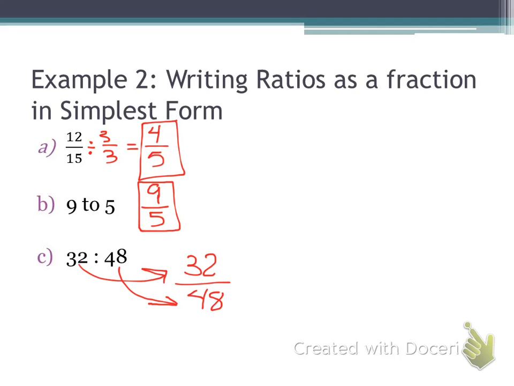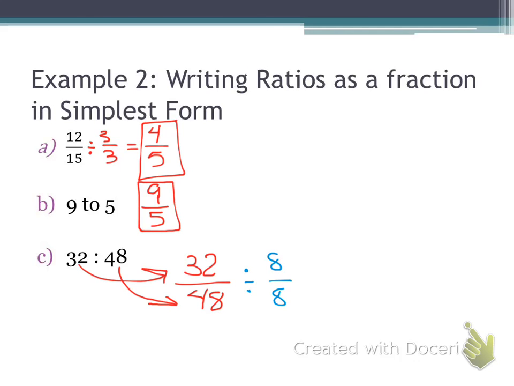32 over 48, I know that I can reduce that. I'm going to divide top and bottom. Now, if you can't figure out the biggest number, your greatest common factor, you can just divide by, we know that they both have 8 as a factor. You could just divide by 8. The largest number is 16, but again, just start somewhere.